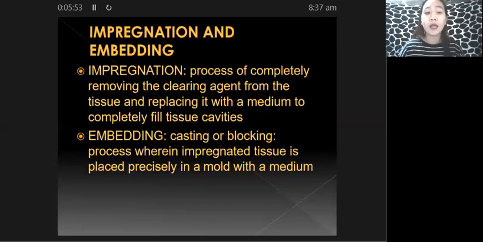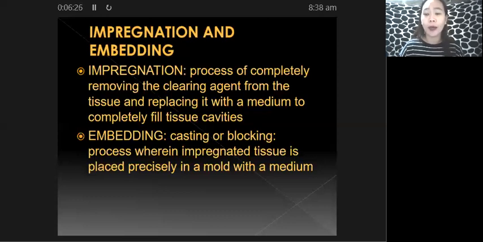If a particular tissue sample has a firm consistency, we would be able to make thin slices or sections from your block. Actually you can have a little experiment at home. Compare cutting a tomato versus cutting a carrot.